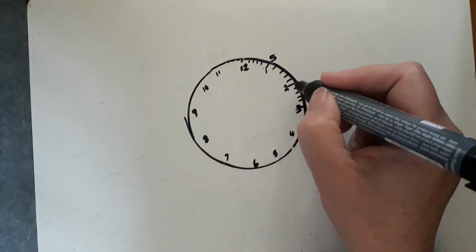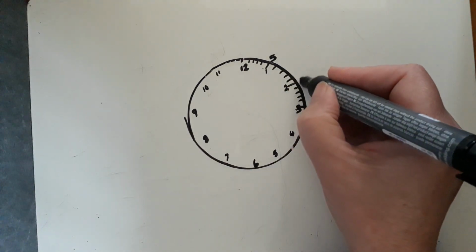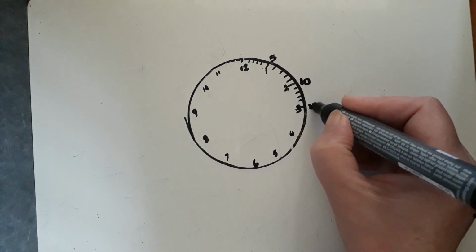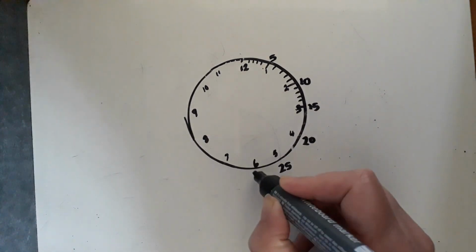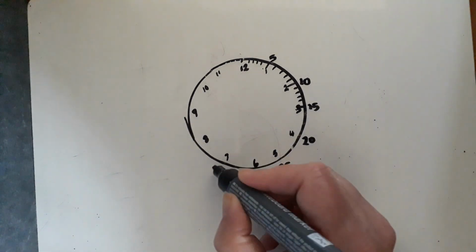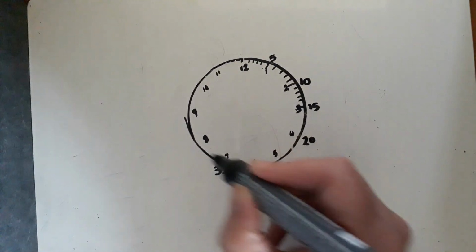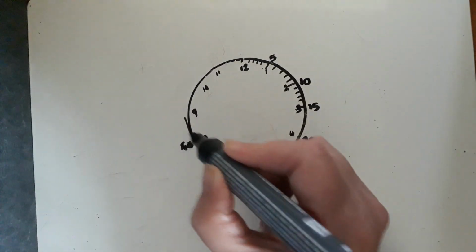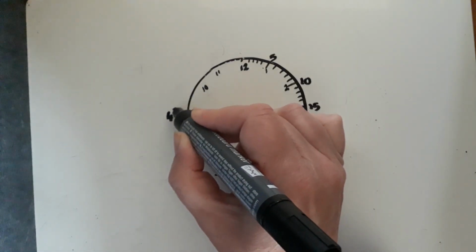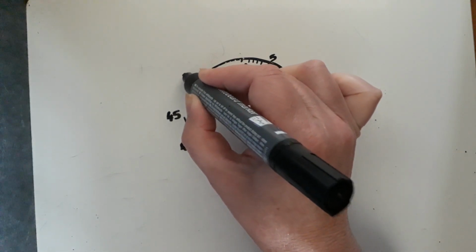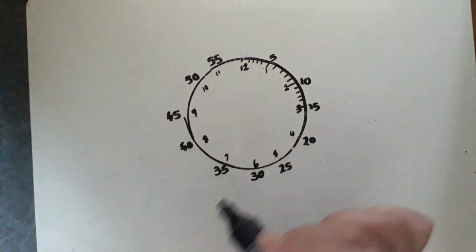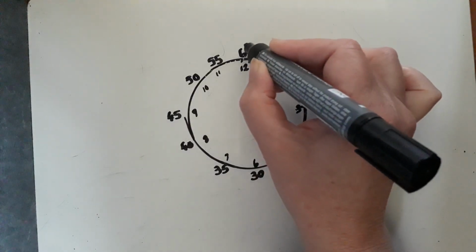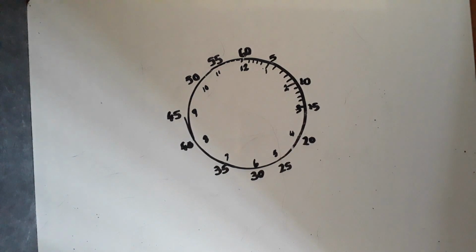Okay, so we have 5, 10, 15, 20, 25, 30, 35, 40, 45, 50, and 55. And at the top, that's your full 60 minutes in an hour.